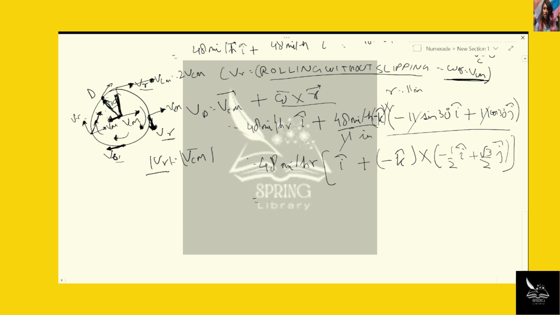Okay, so it's 48 miles per hour I plus, minus minus is plus, k cross I is j, so it's half j, and then k cross j is minus I, but there is a minus here as well, so it becomes plus, and the value is square root 3 over 2.